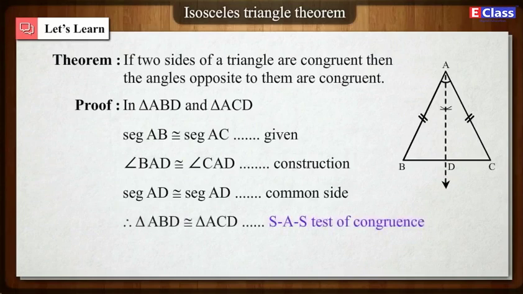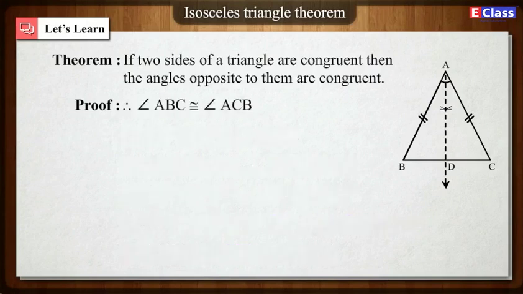Therefore, triangle ABD is congruent to triangle ACD by SAS test of congruence. Therefore, angle ABD is congruent to angle ACD by CACT. Therefore, angle ABC is congruent to angle ACB. Therefore, B, D and C are collinear.